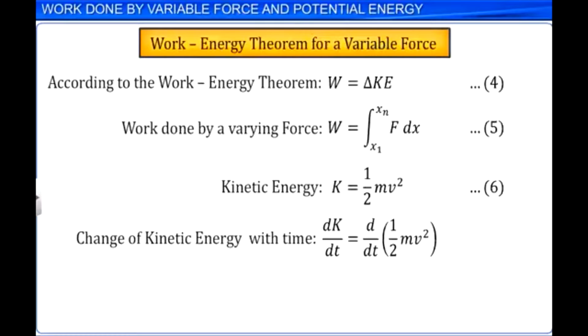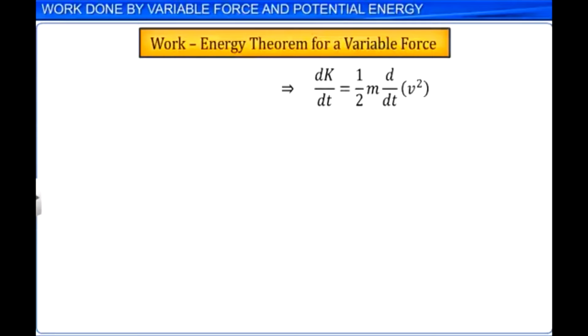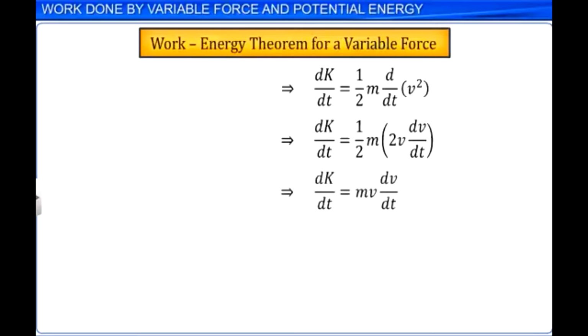Thus, on simplification, we get dK by dt equals half m d by dt of v squared. On further simplifying, we get dK by dt equals half m into 2v dv by dt. Thus, dK by dt equals mv dv by dt. This can also be written as dK by dt equals m dv by dt into v.